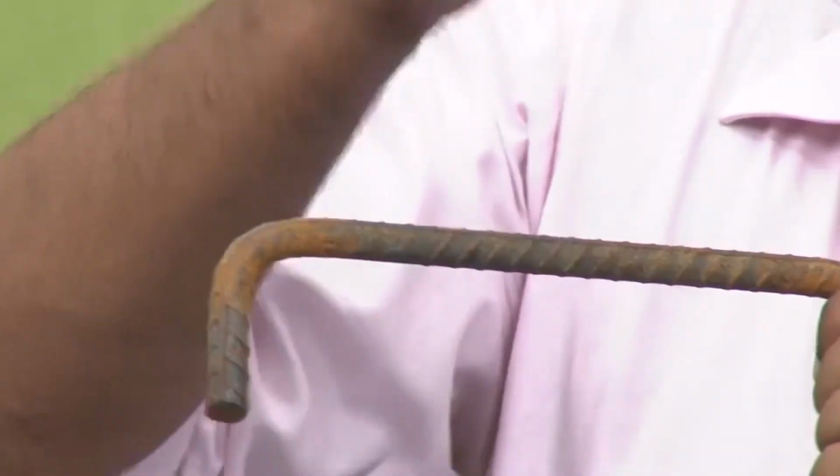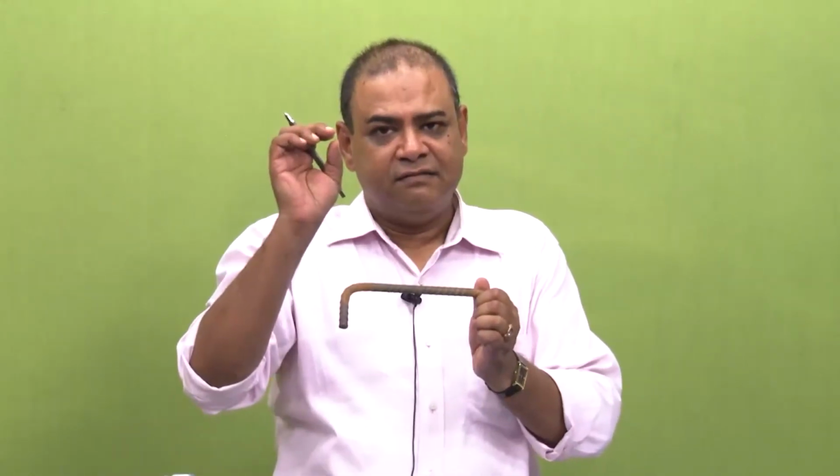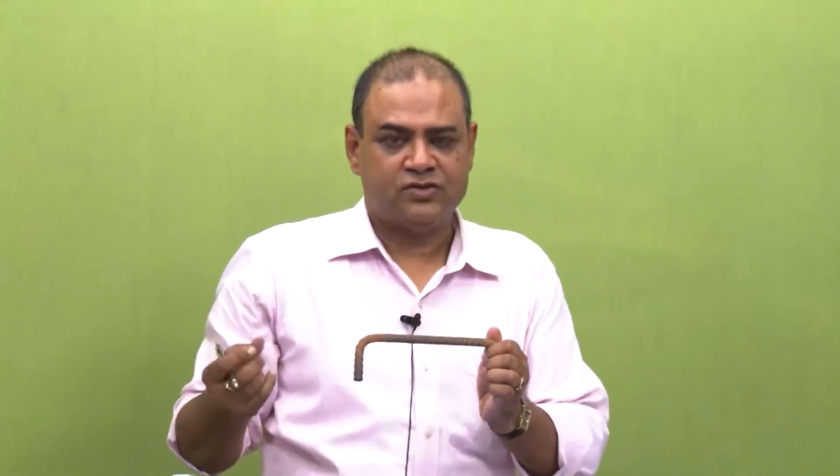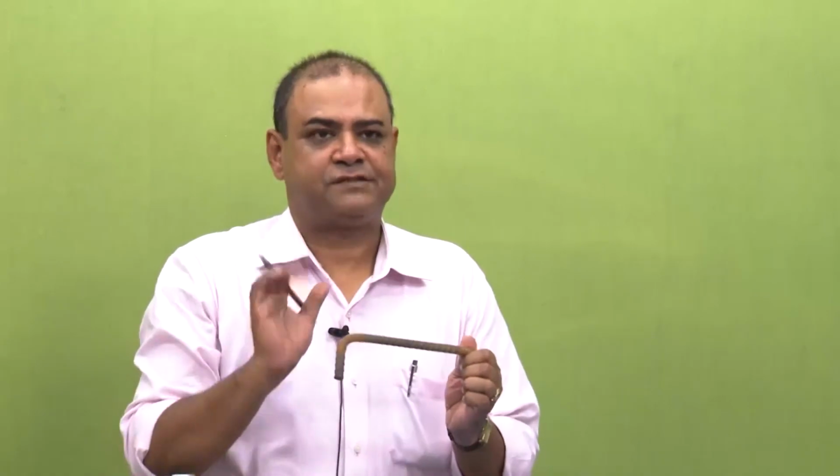It is forming just at the base of this particular rib, and there water can deposit and it would stay. This is absolutely stagnant water, and that would lead to higher corrosion. That is why you are getting more red rust at the root of these ribs. Other portions are relatively red rust free. Okay. So, this is one typical example where you can see crevice corrosion.